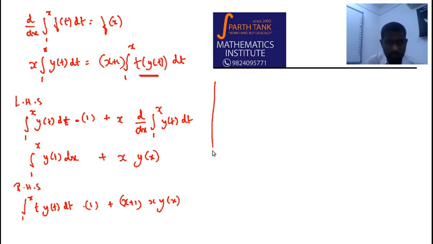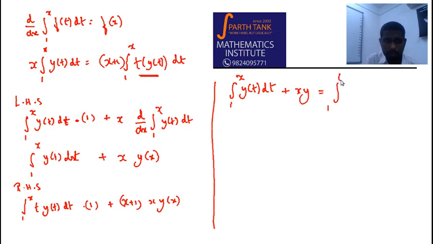Now let us write the LHS is equal to RHS. So integral 1 to x y of t dt plus x into y, I am just writing y of x as y. On the right hand side is integral 1 to x t y of t dt, and this is nothing but x plus 1 into xy.